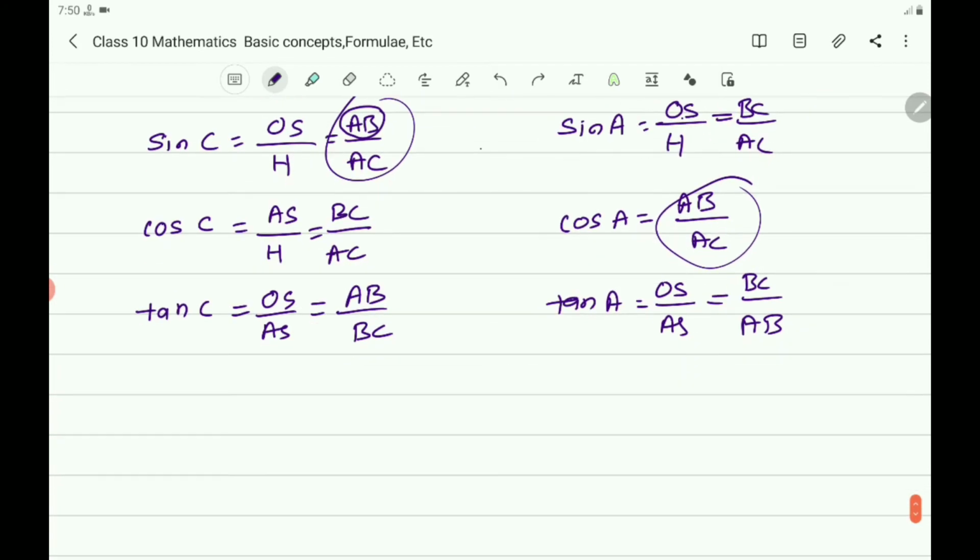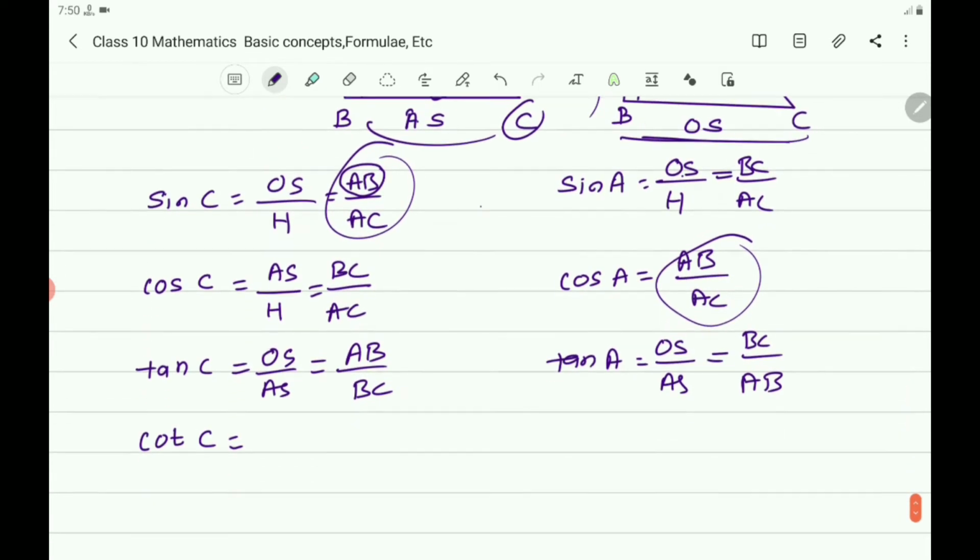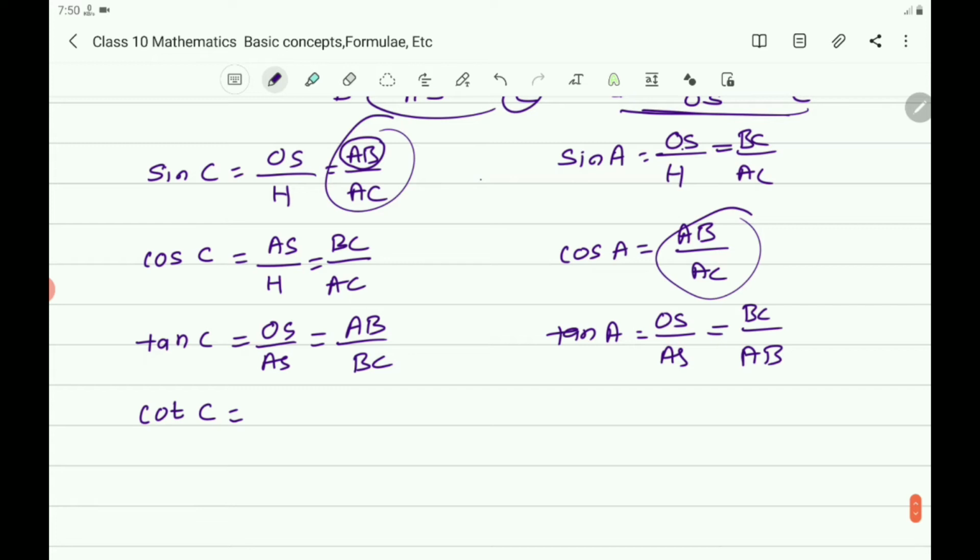Next, let us take cot C. You know that tan is opposite side by adjacent side. Here cot is adjacent side by opposite side, that you will get BC by AB.